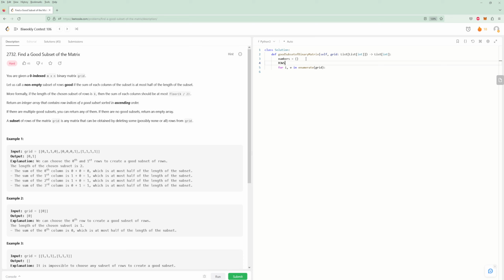Maybe we'll use that, maybe we won't. So let's just do that. Equals length of grid 0. Okay, so now that we have that, what we actually need to do is go through the entire row, and then we need to get a total number. So let's do that.